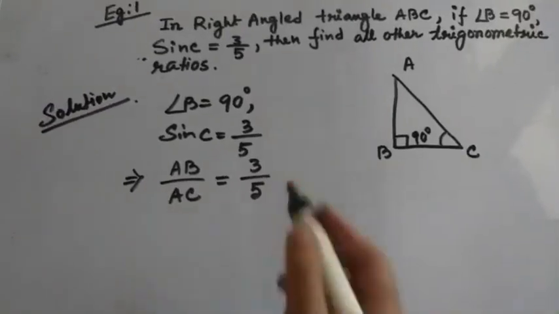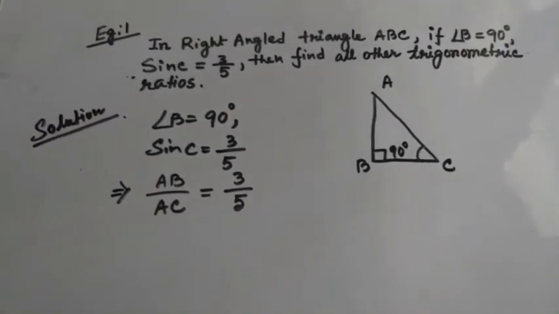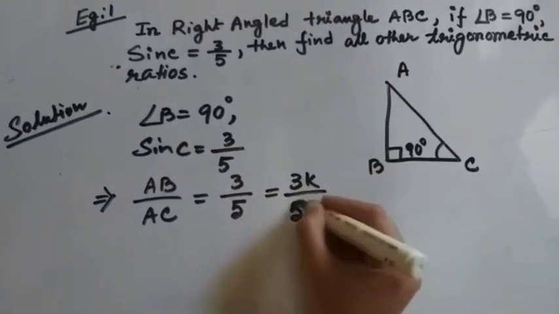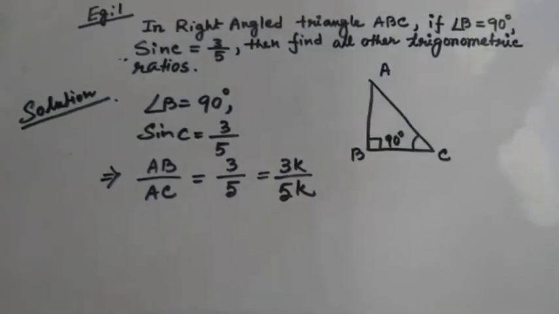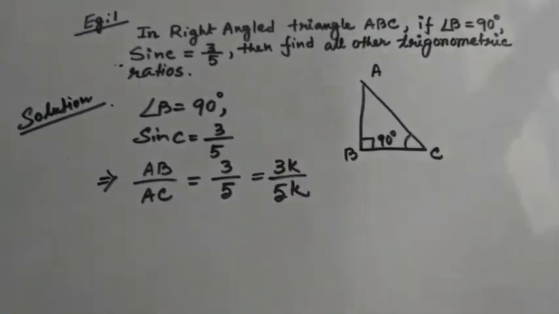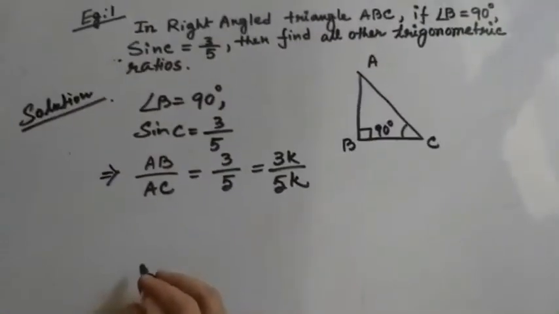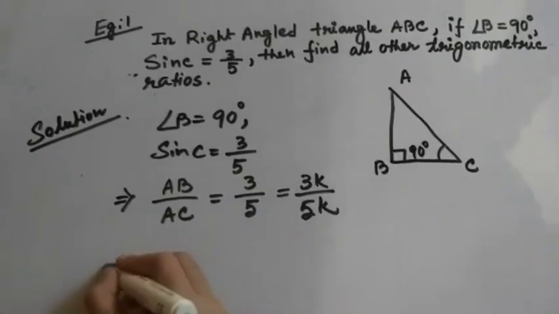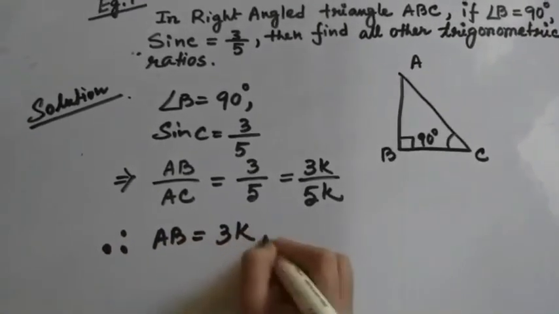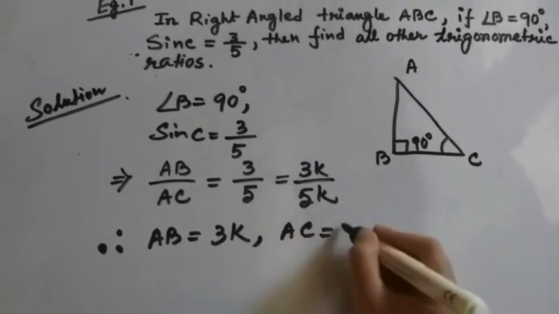We have to add a constant with it. So we can say 3K by 5K, where K is a constant. We don't know the value of K, we need to find it out. Therefore, AB equals 3K and AC equals 5K.